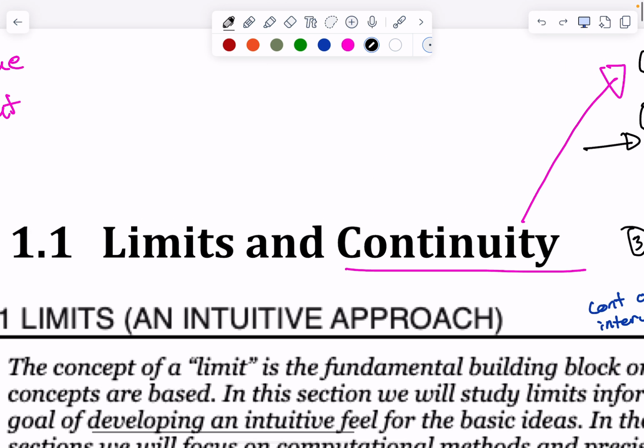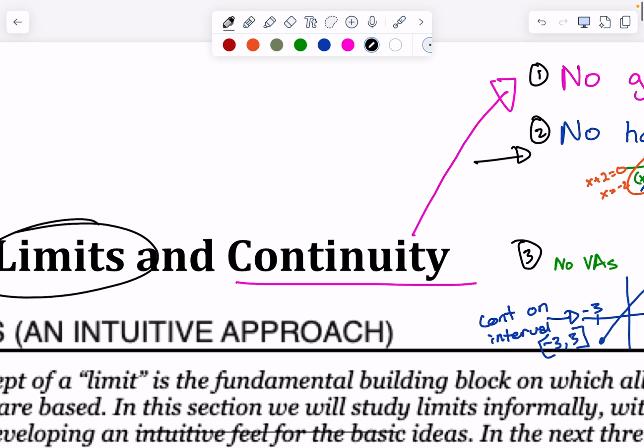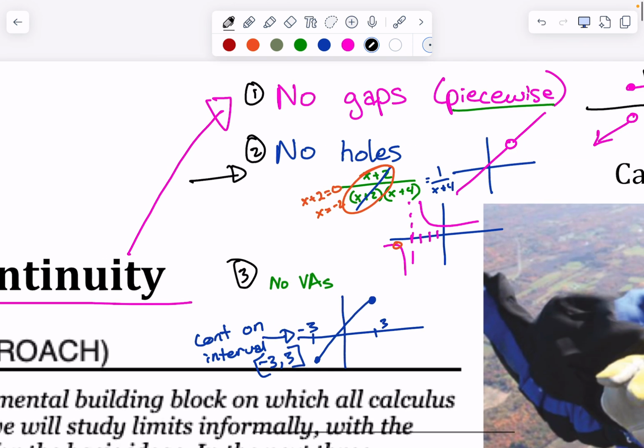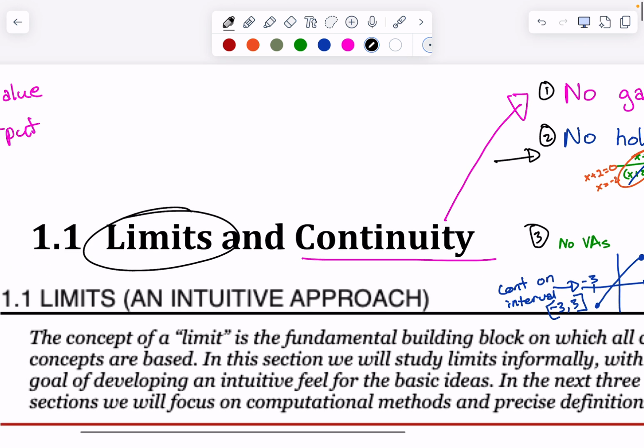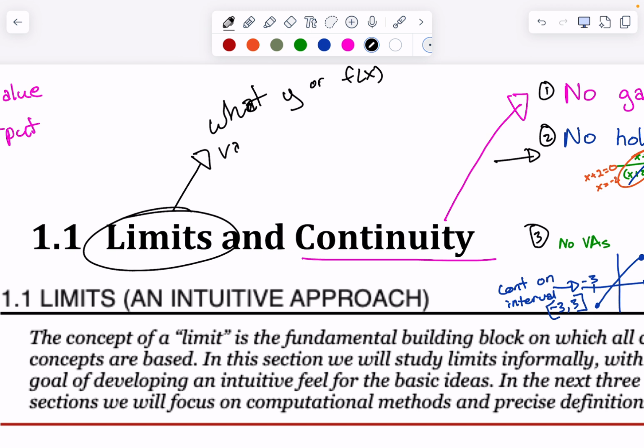Okay, so limits. Here's how limits bridge to continuity. I said that 3 things screw up continuity. A limit is going to be what the f of x value should be.